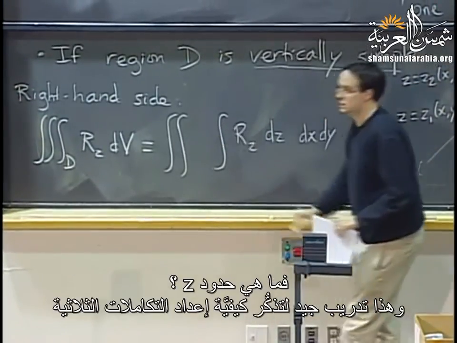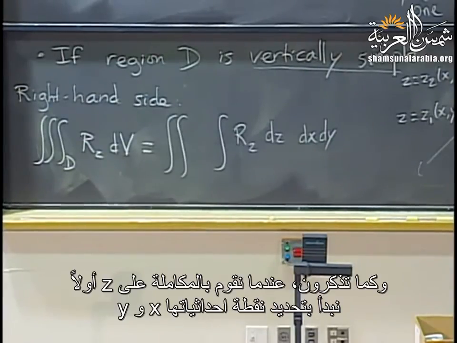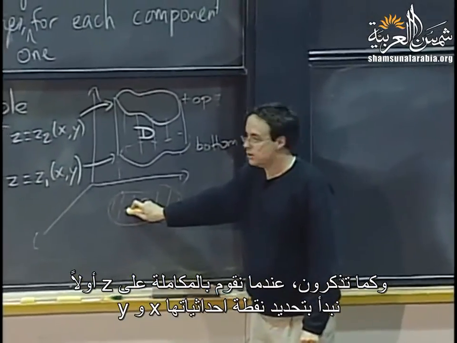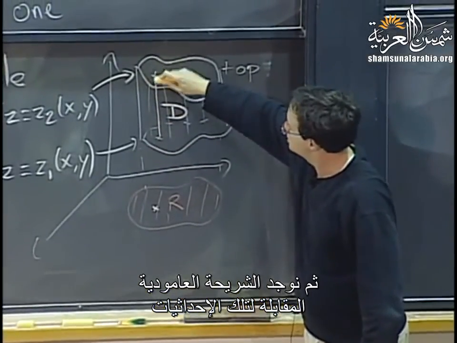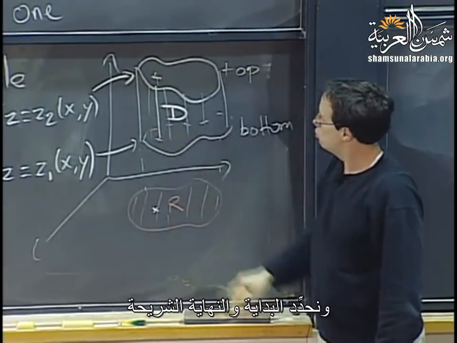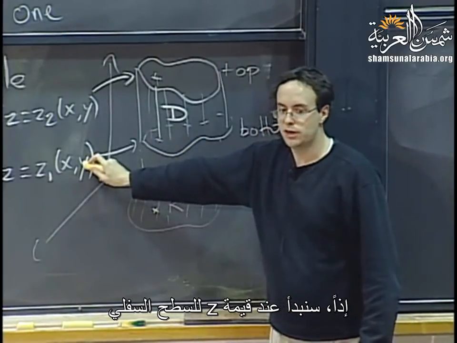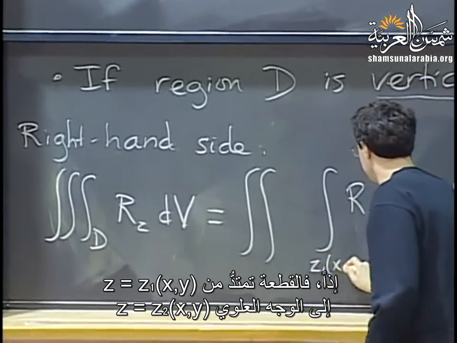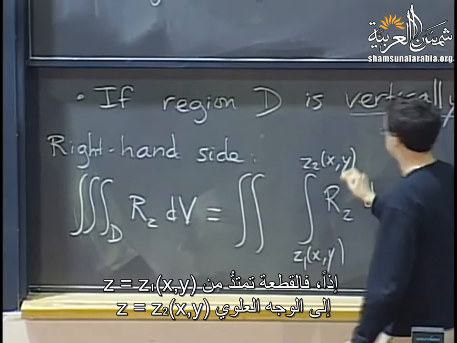So what are the bounds on z? This is actually good practice to remember how we set up triple integrals. When we integrate first over z, we start by fixing a point x and y. For that value of x and y, we look at a small vertical slice and see from where to where we have to go. Well, we start at z equals whatever the value is at the bottom, so z1 of x, y, and we go up to the top face, z2 of x, y.